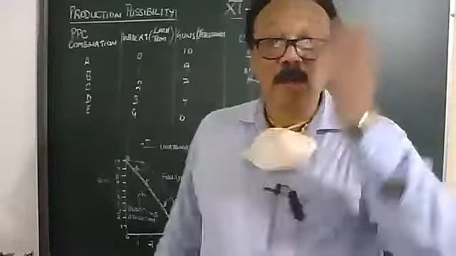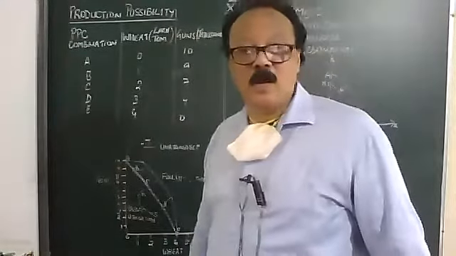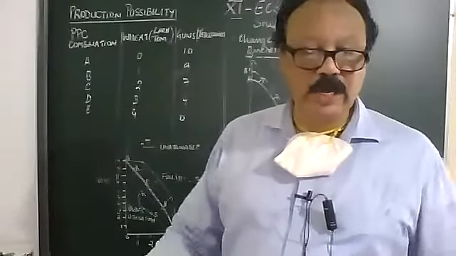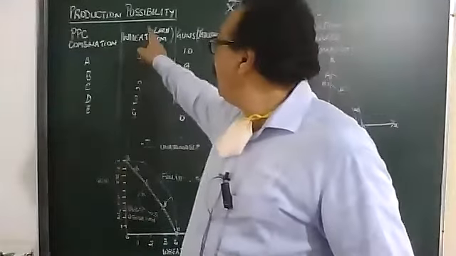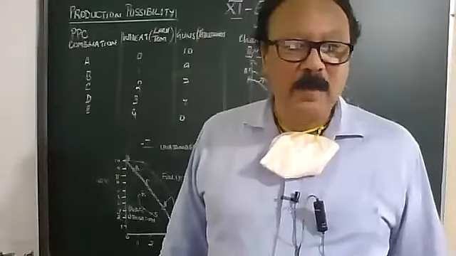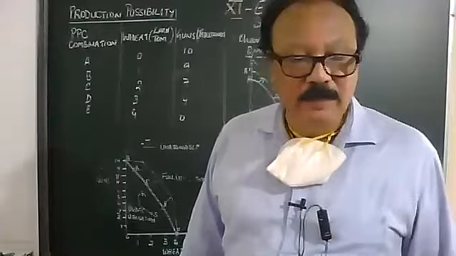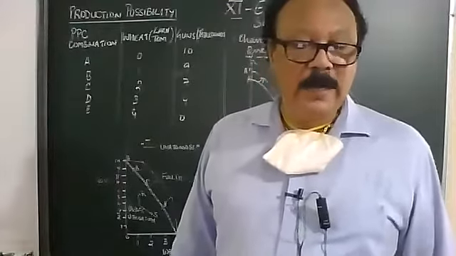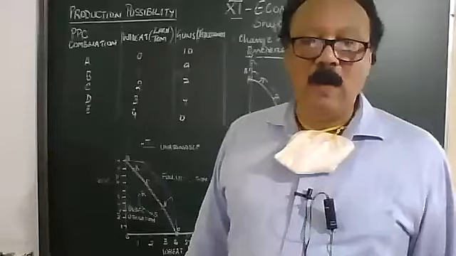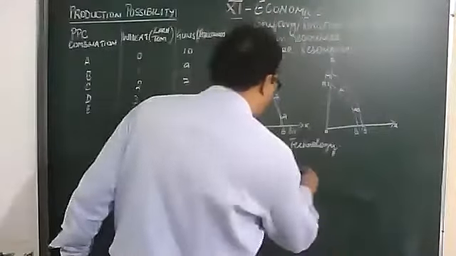Suppose for wheat, new technology is being adopted. So there is a change in technology, let's say for product X. What will happen? More of X will be produced and Y will remain constant. So in that case, when there is a change in technology for the production of commodity X, this will be your diagram.